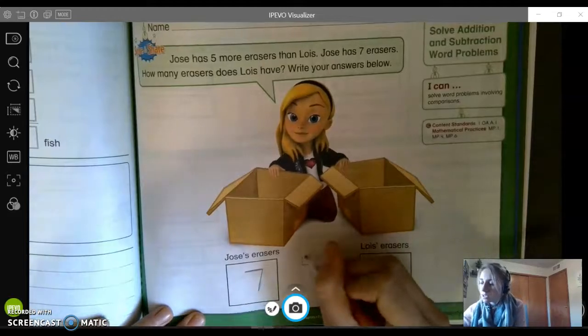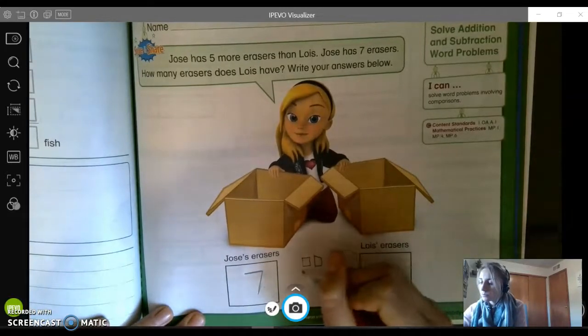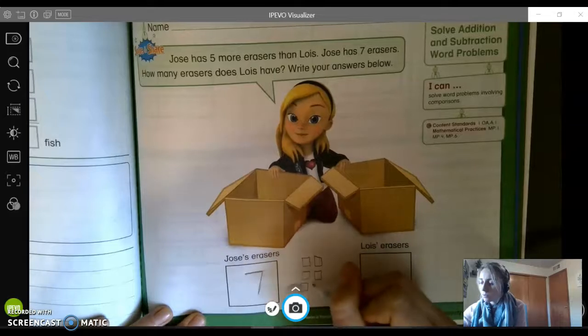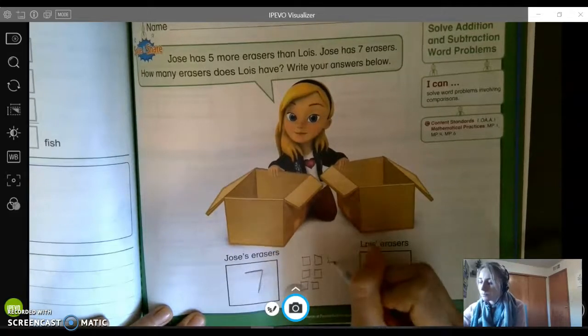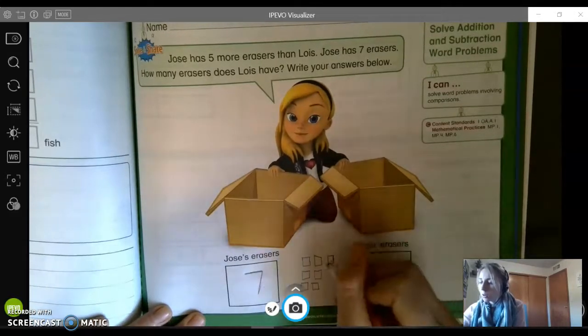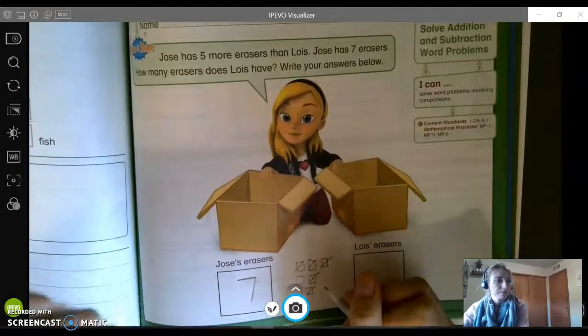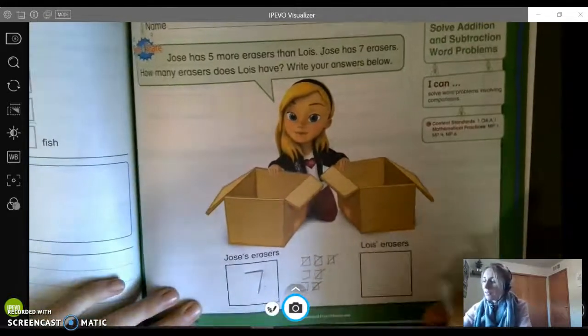So if I draw 7 erasers, I'm going to cross out 5. 1, 2, 3, 4, 5. Okay, and that gives me 2.